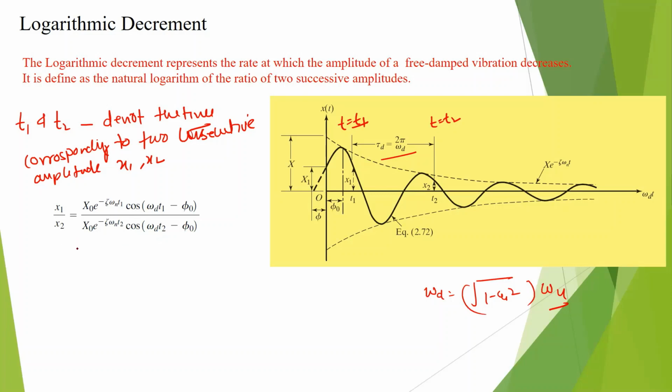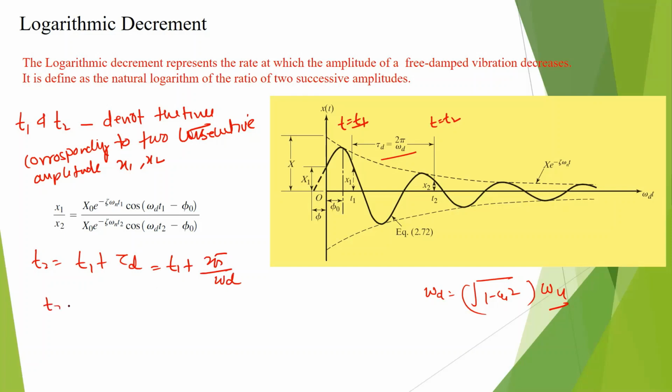So we know that t2 equals t1 plus tau d, and tau d is given by 2 pi over omega d. So t2 is t1 plus 2 pi by omega d.